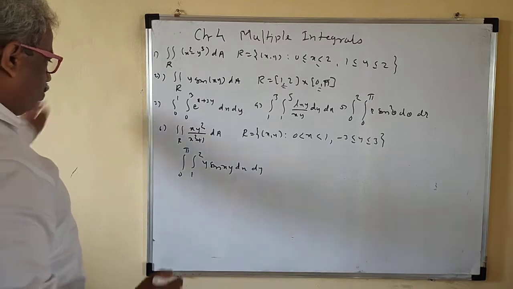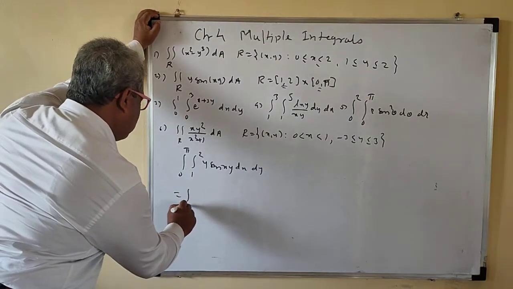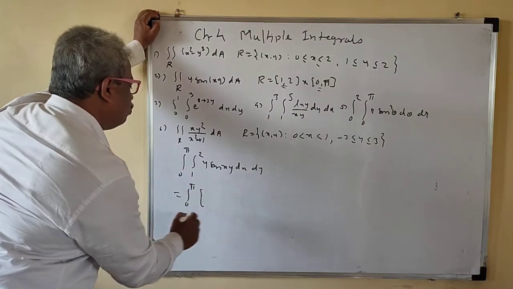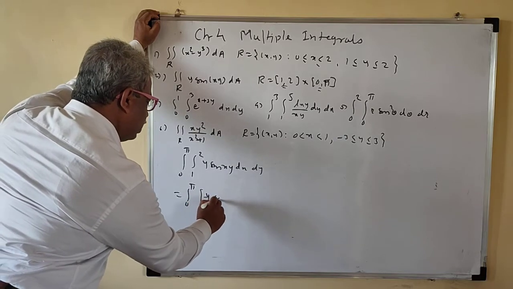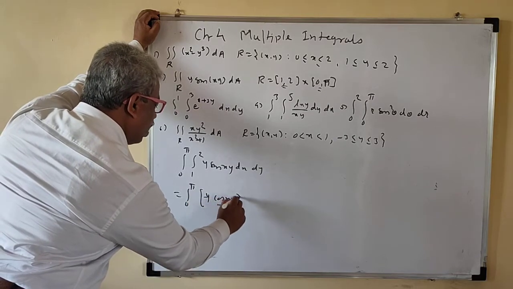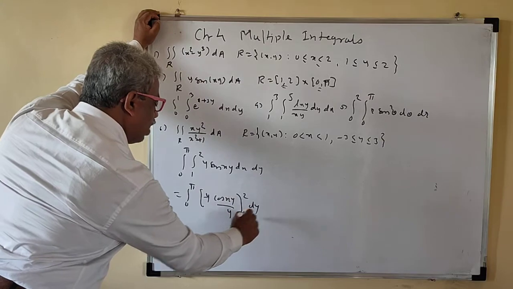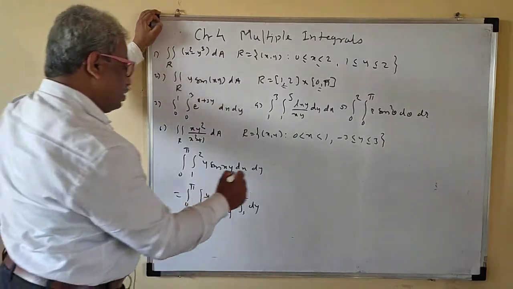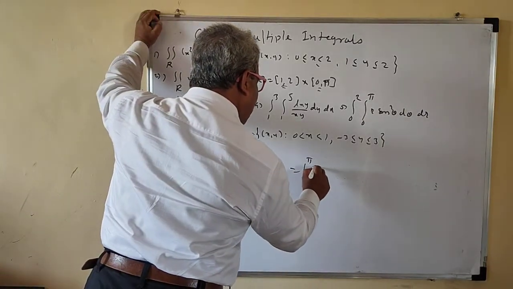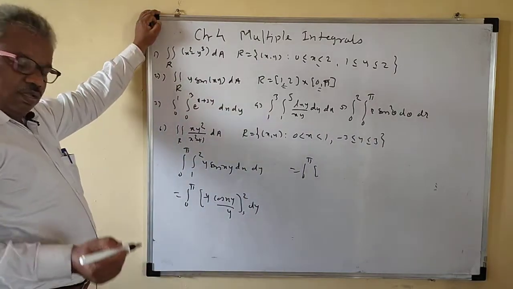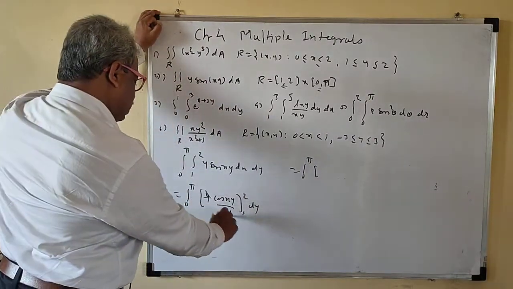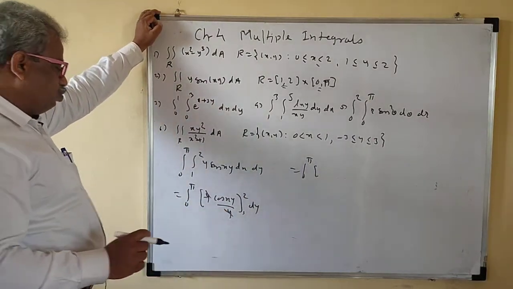Now this is 0 to pi, y minus cos of xy upon y, from 1 to 2, dy then. So y gets cancelled here. This is 0 to pi. We will put the upper limit first. Y gets cancelled now here, so instead of x we have to put that.